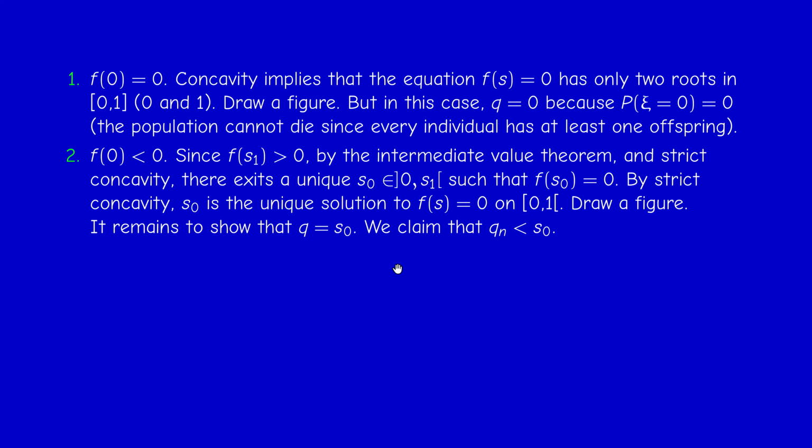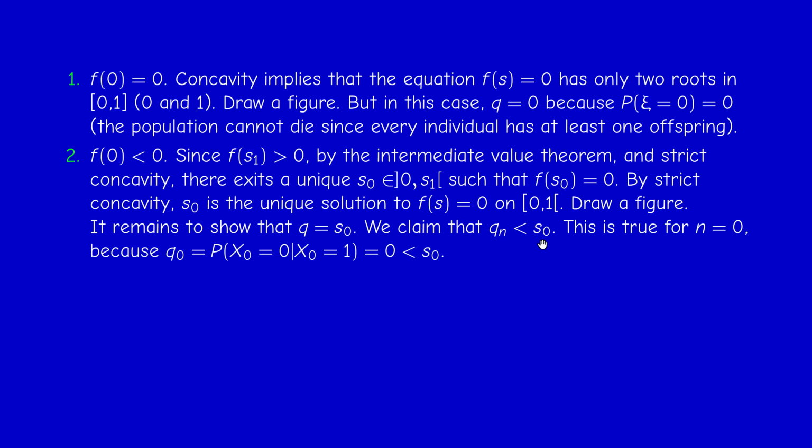Okay, so let us use the sequence that I defined in a remark. So we start with Q0 equals 0, and then we iterate. And we know that Qn converges to the fixed point, right? So I claim first that this sequence that I defined inductively is less than S0. And of course, for n equals 0, it's true because Q0 equals 0, so it's less than S0.